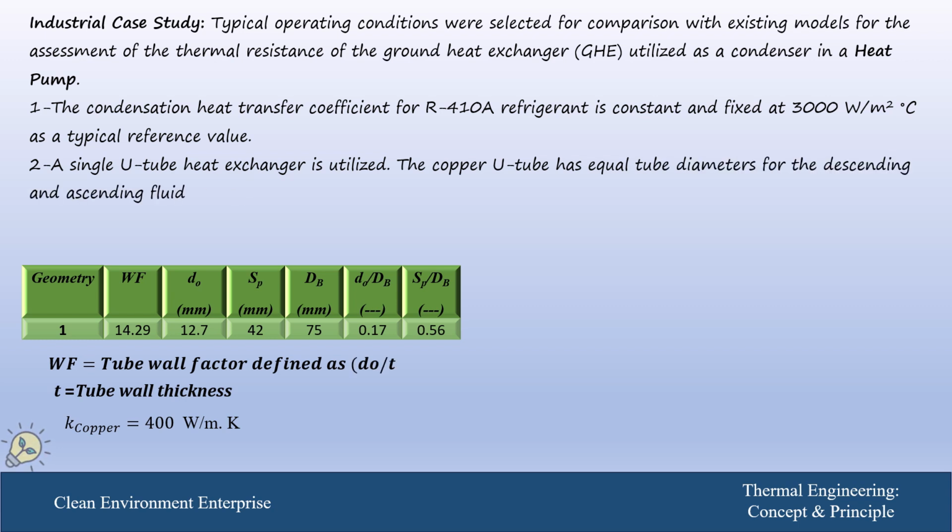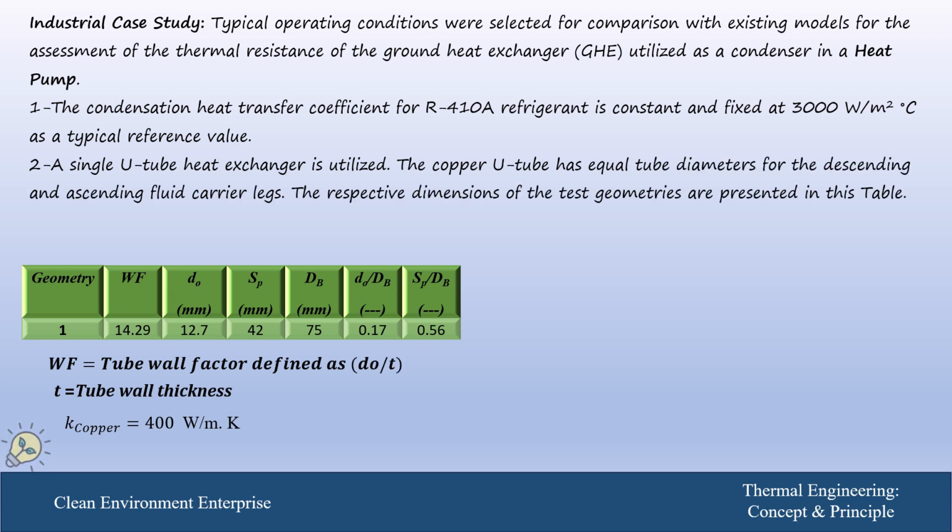And let us deal with a single U-tube as shown in this table, made of copper tube, and both ascending and descending legs of the tubes are of equal diameter, and the thermal conductivity for this metal is 400 watt per meter Kelvin.